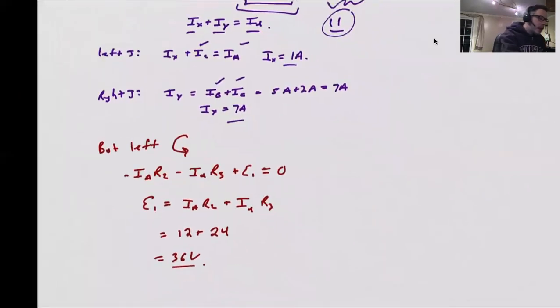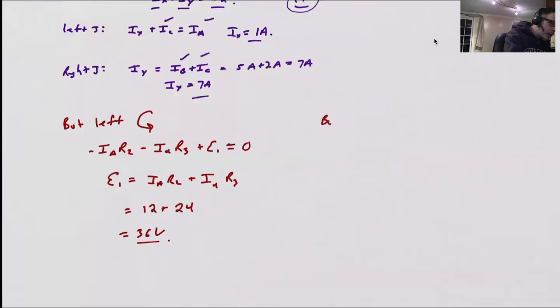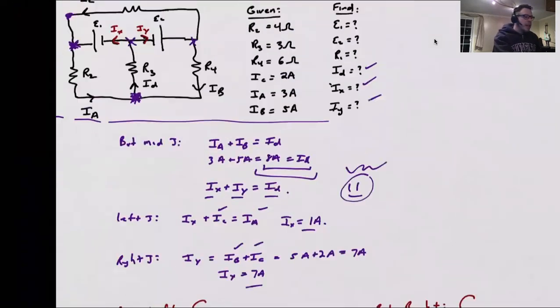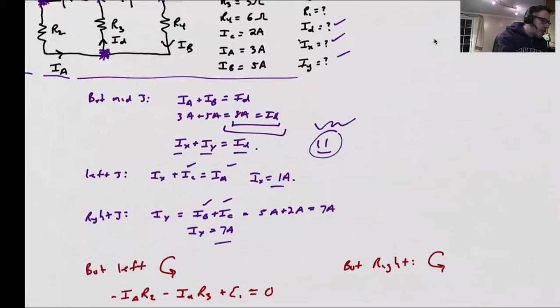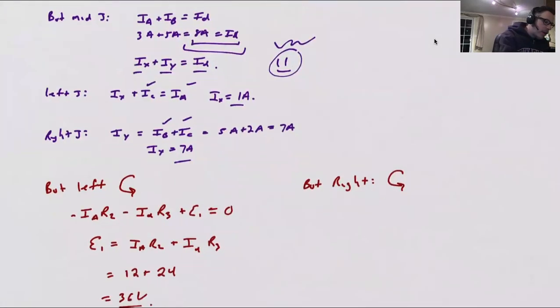By the same token, I'm going to do the bottom right in order to isolate E2. So that means I'll be starting from the place where IX and IY flow out of. And again, I'll do it in the same direction of evaluation. This time I flow against the current ID R3.